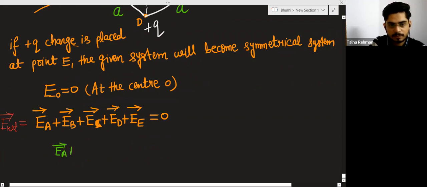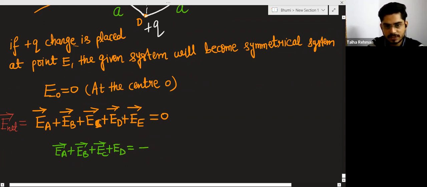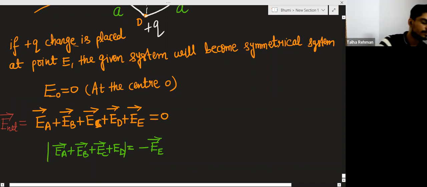EA plus EB plus EC plus ED. This will become minus of the electric field at A. And we have to find this.